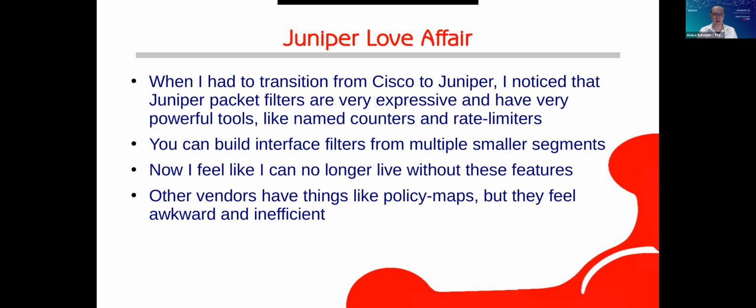Then we have another clip that allows everything that a web server needs. Then another clip that allows everything that a DNS server needs. And then a few clips that are very application specific. Then in each subnet, we add those clips into the interface filter of that subnet that are needed there.